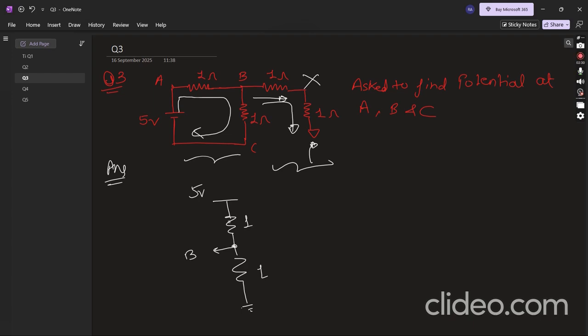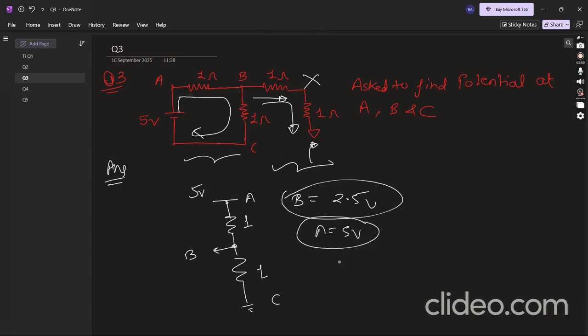This is node A, this is node B, and this is node C. Both resistors are the same, so it's like a voltage divider. B voltage is 2.5 volt. A is 5 volt, and C is at the lowest potential, so 0 volt. We can see. Okay.